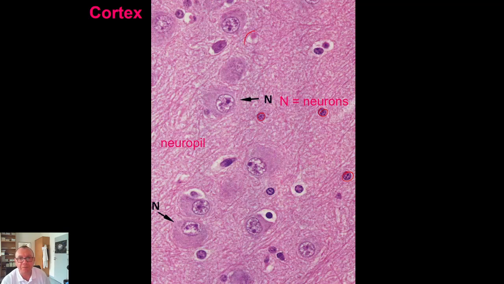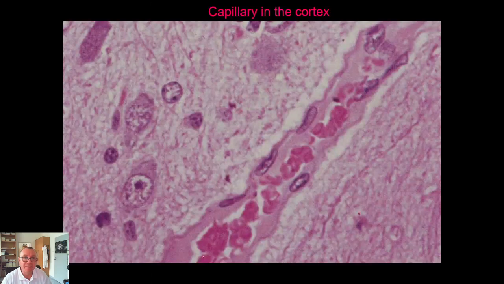Here is a capillary with a red blood cell, and here is a capillary with a lymphocyte. It's interesting. Here is another capillary showing erythrocytes. And look at it, there isn't any connective tissue, there is just endothelium, nuclei of endothelial cells are here, and nervous tissue on the surface.